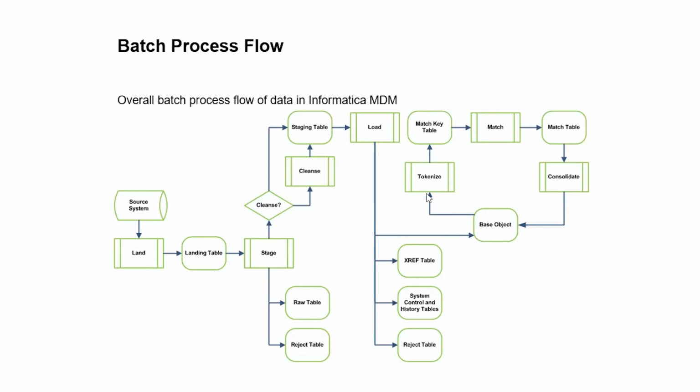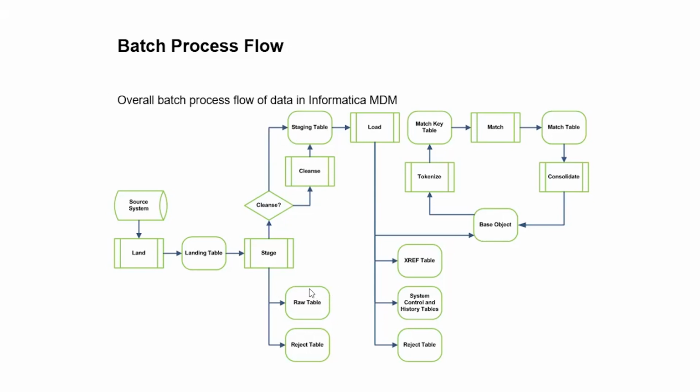And these stage jobs will be triggered based upon the frequency and if you have any cleanse functions applicable, that data passes through these cleanse functions. So in our mapping we have used concatenation operator, that is also one cleanse function, so that data will be passed to that cleanse function, otherwise it directly passes and loads into the stage tables.